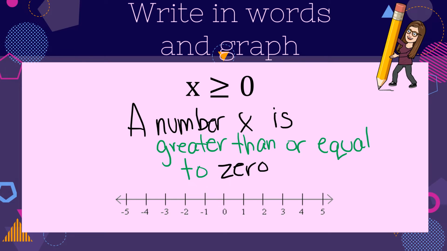When it's or equals to, we want a solid shaded dot, and we want to highlight the numbers that are greater than. Greater than would be like 1, 2, 3, 4. We want to shade and have an arrow going to the right. Again, if you want to do zigzag or up and over, go right ahead.